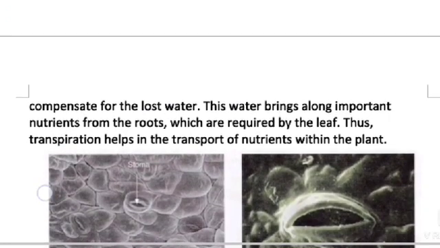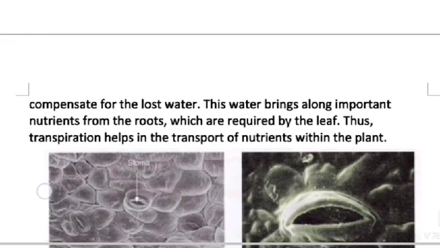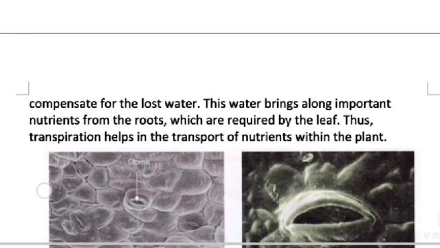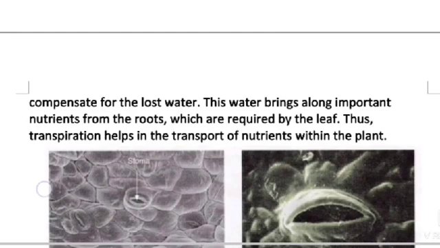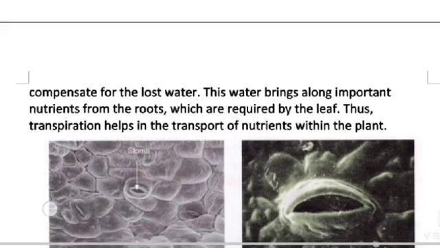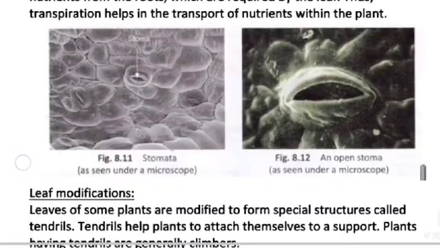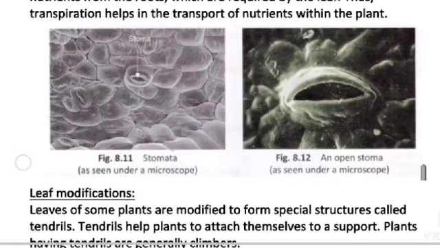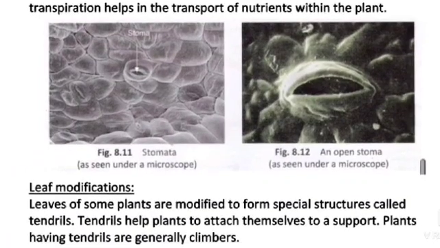This water brings along important nutrients from the root, which are required by the leaf. Thus, transpiration helps the transport of nutrients within the plant. See the electron microscopic picture of the stomata, an opening.